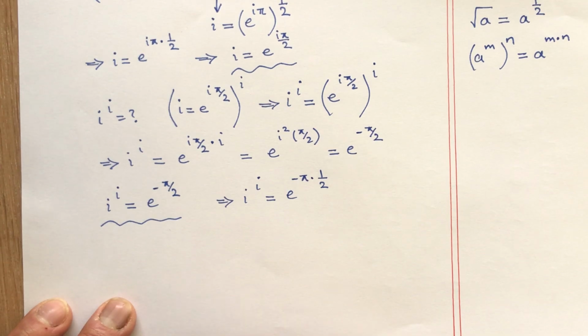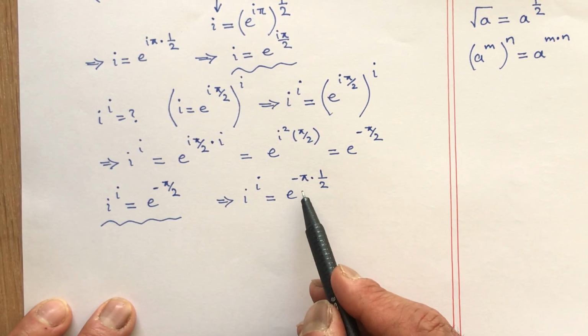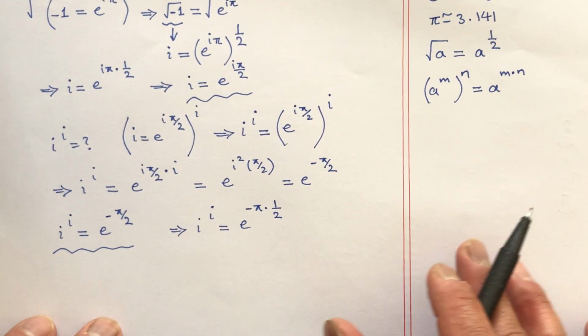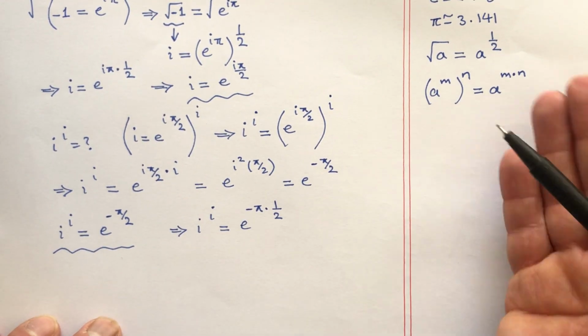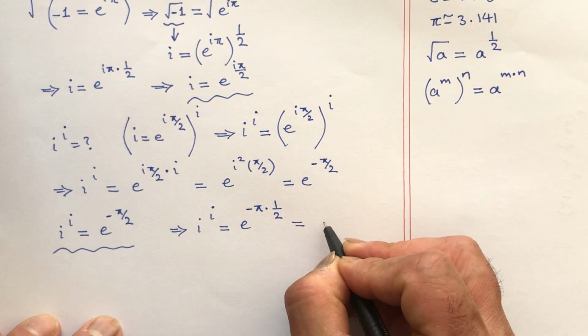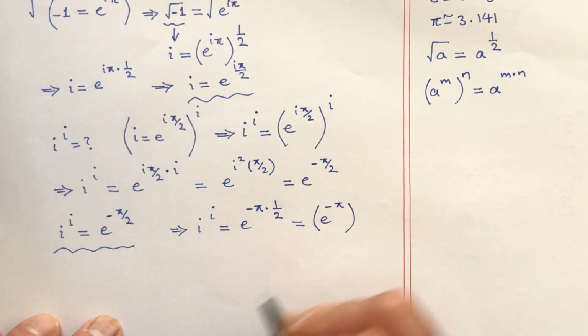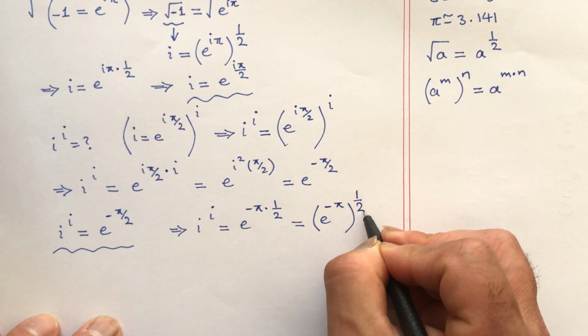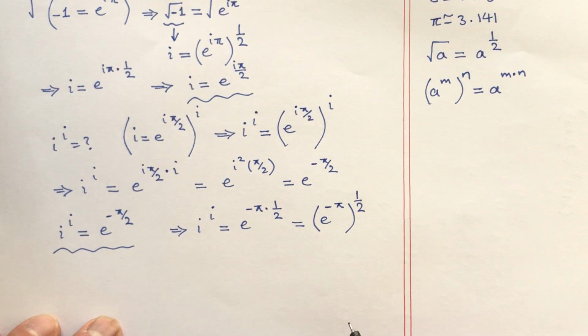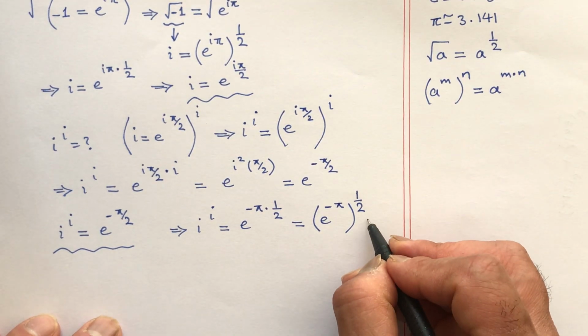Reversing the multiplication of powers, it is e to the power of minus pi, all to the power of 1 over 2. And 1 over 2 is a square root.